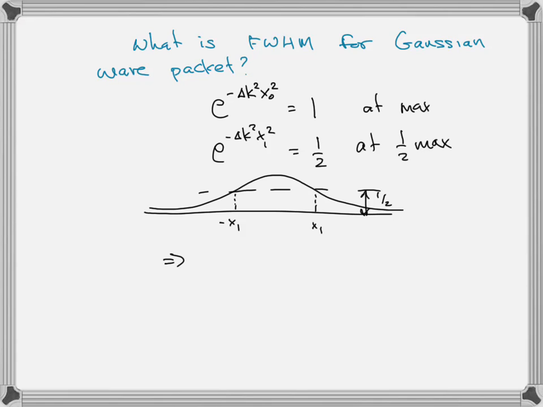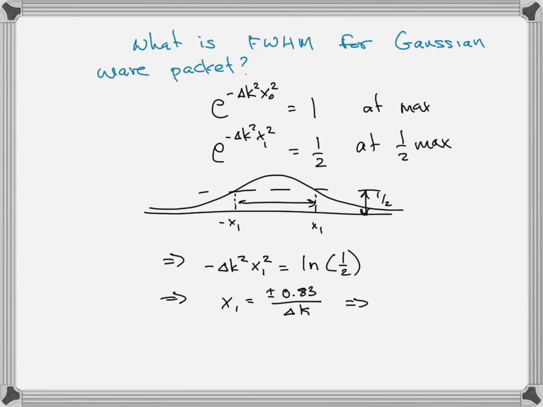Therefore, just take the natural log of both sides, and you can solve for x1. Plug that into your calculator: the square root of the natural log of 1/2. And that's what you get for x1. So what's the width? The width is 2 times x1, because it's 0 here, so it goes from minus x1 to x1.